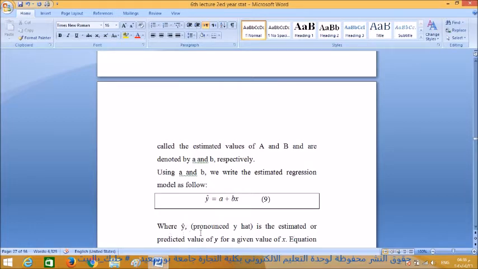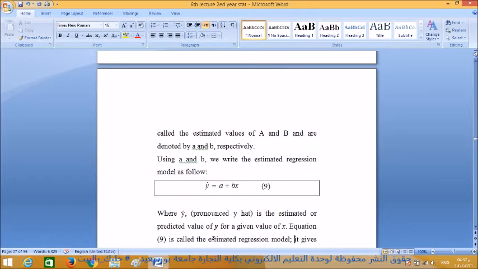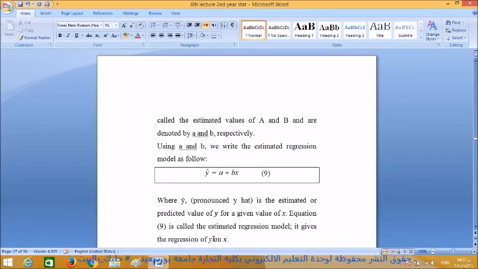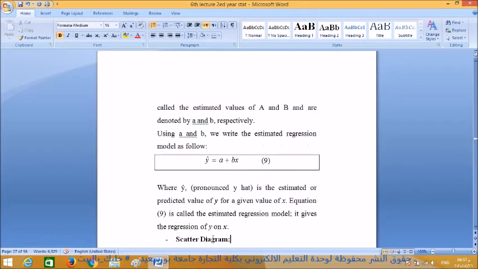Where y hat, pronounced y hat, is the estimated or the predicted value of y for a given value of x. Equation 9 is called the estimated regression model. So it gives the regression of y on x.